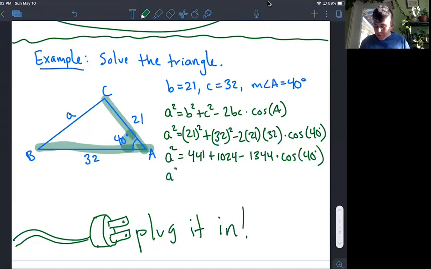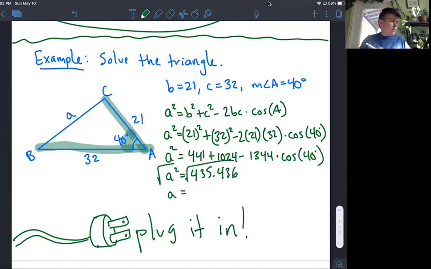So now I'm going to put all of this in my calculator. 441 plus 1024 minus, in parentheses, 1344 times the cosine of 40, equals, and I get 435.436.